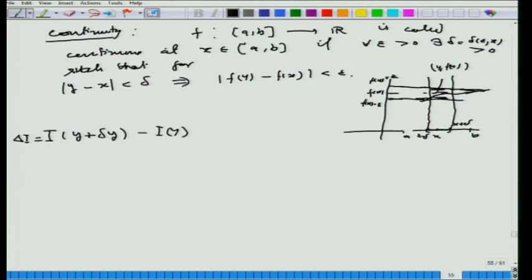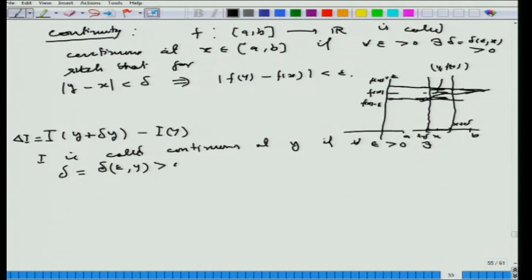So, if we take this delta y sufficiently close, I is called continuous at y if for every epsilon greater than 0 there exists a delta, which will be a function of epsilon and y, such that the absolute value of I(y plus delta y) minus I(y) is less than epsilon.